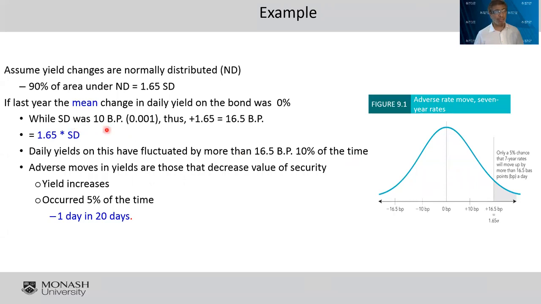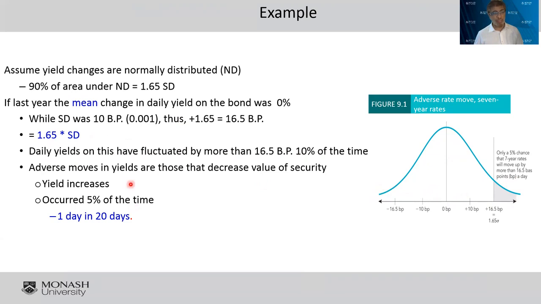While the standard deviation was 10 basis points, this area goes up to here, and the change will be 1.65 times the standard deviation. This tells us the daily yield has fluctuated more than 1.65 standard deviations 10% of the time, which is 5% here and 5% here.